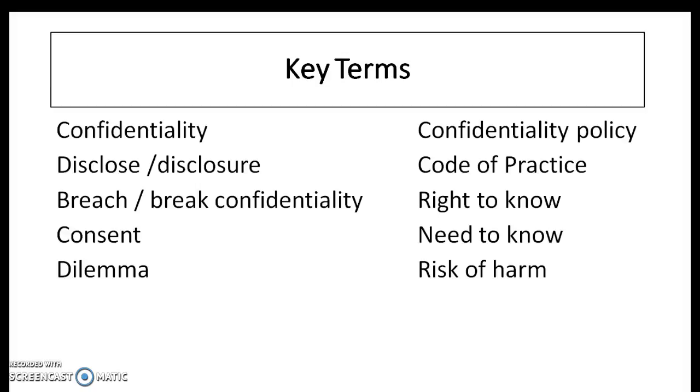If keeping it confidential means they have a risk of harm, then that's an occasion when you can break confidentiality and pass information on to other people. But it is a bit of a problem. What's the right way to act? This is often referred to as an ethical dilemma. But usually, when you're passing that information on, you're acting in the best interest of the service user.